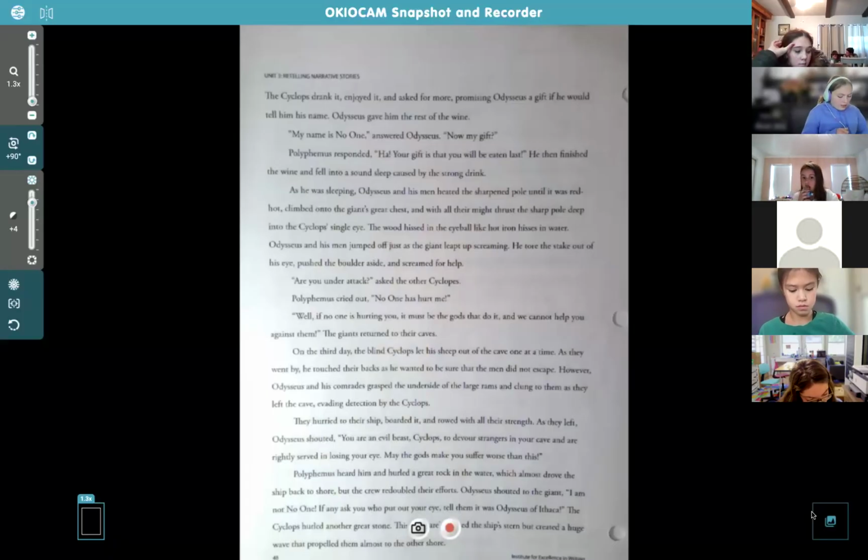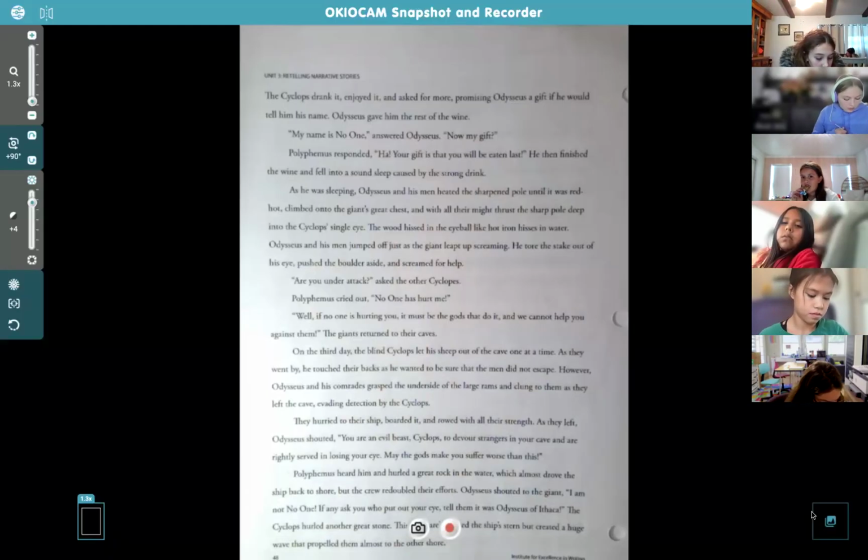Polyphemus heard him and hurled a great rock in the water, which almost drove the ship back to shore. But the crew redoubled their efforts. Odysseus shouted to the giant, "I am not no one.